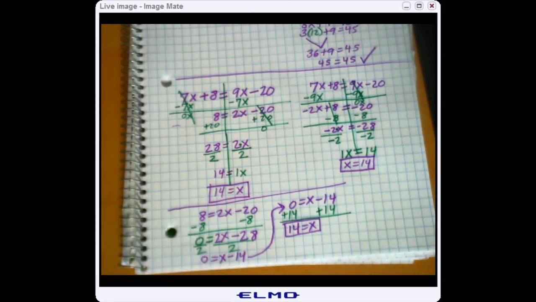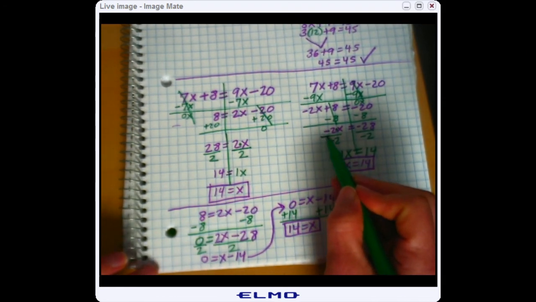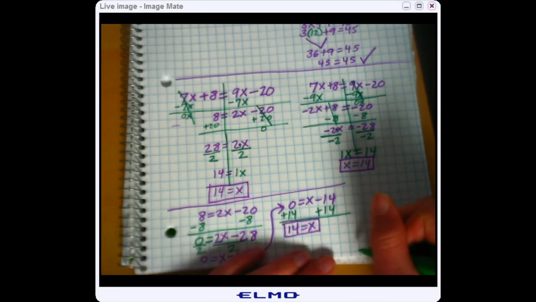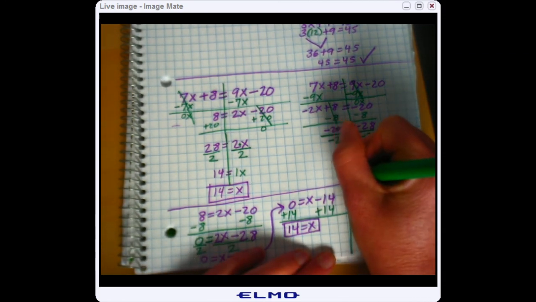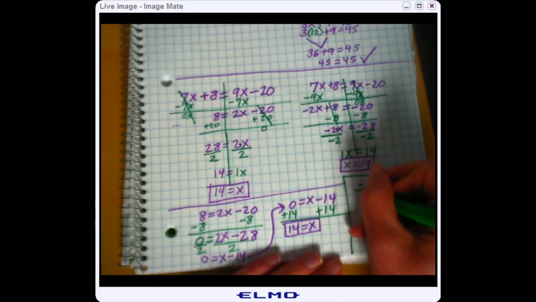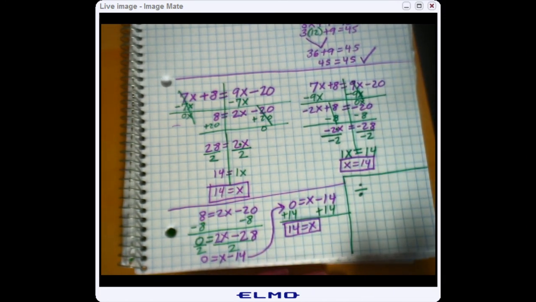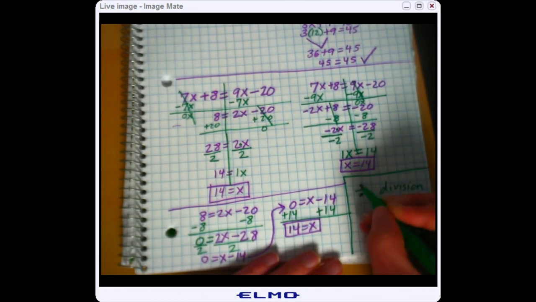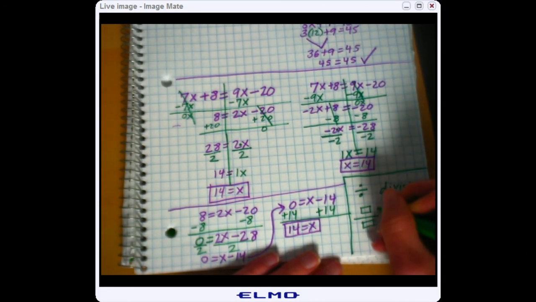One other thing I want to go over is the line I'm using for division. I'm using a fraction line, and this is just a little factoid for you. This is a division symbol, and it actually comes from the fact that it looks like a fraction. The little dot at the top represents your numerator, and the little dot on the bottom represents your denominator.